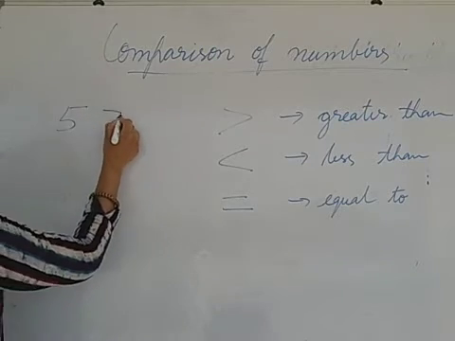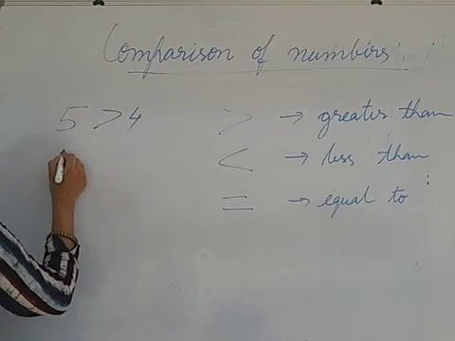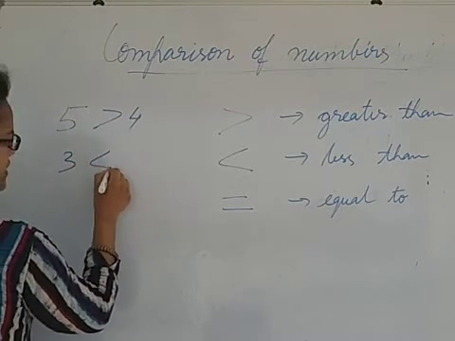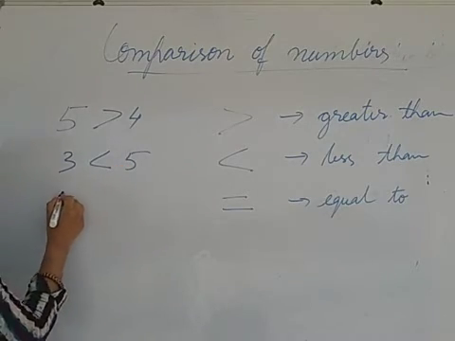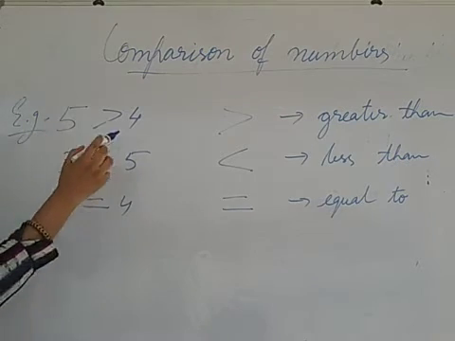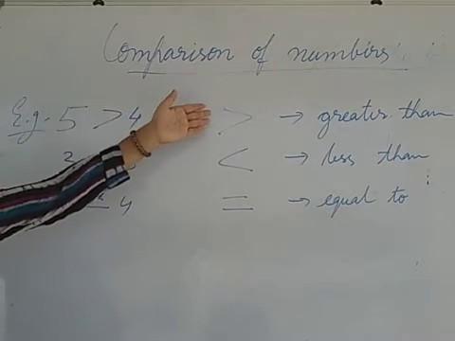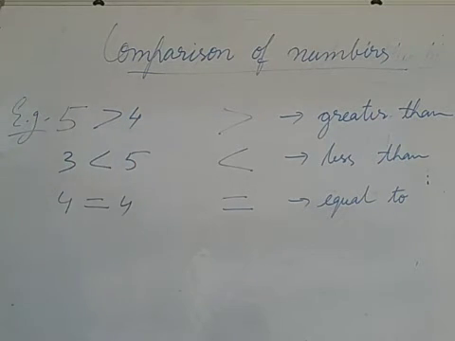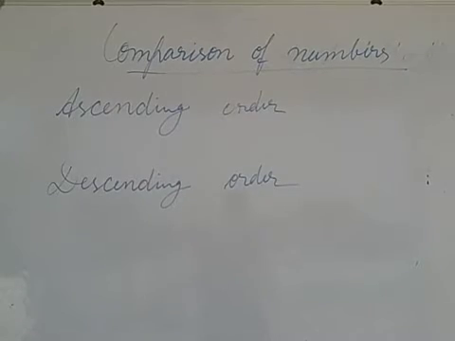Like 5 is greater than 4, 3 is less than 5, and 4 is equal to 4. So now for comparing more than two numbers, we will study ascending order and descending order.